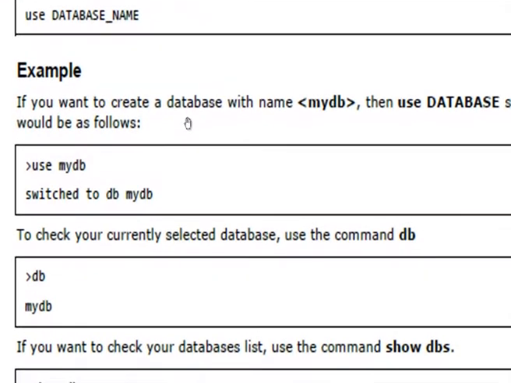For example, type the keyword use followed by the database name. In this case, if your database name is MyDB, then type use space MyDB, then automatically you will be switching to the database called MyDB, which is created under your directory.